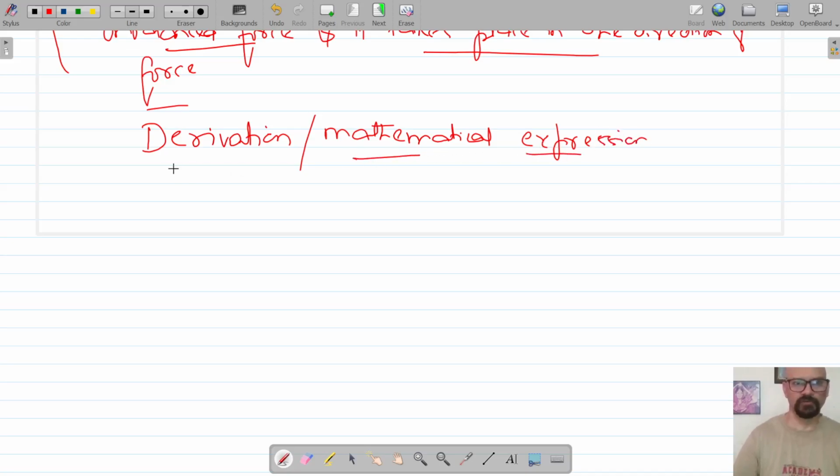Now, from the statement, it's given that the force is directly proportional to the rate of change of momentum.